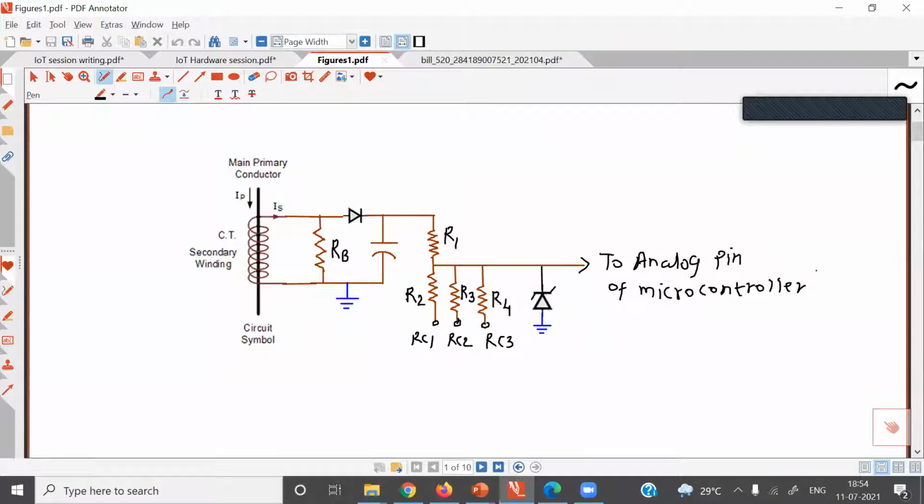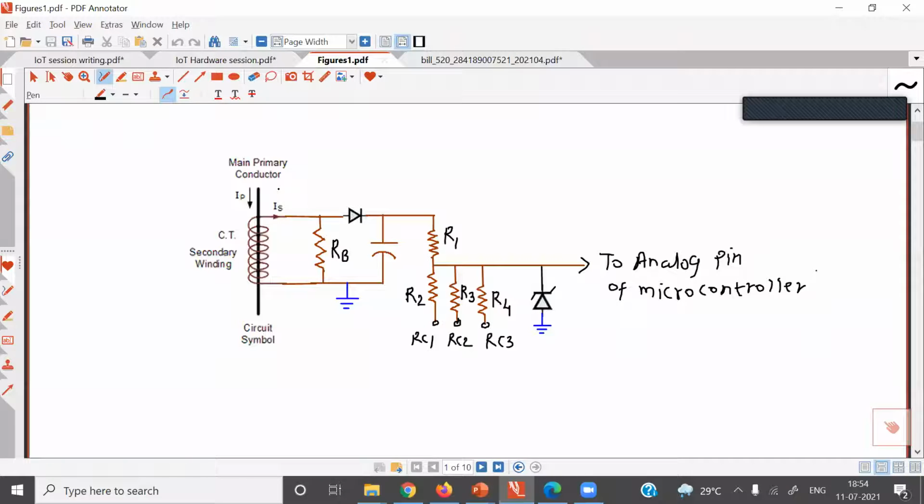This conductor may carry 100 ampere, 200 ampere, 300 ampere AC current. So this current carrying conductor is passed through the CT and it induces voltage across the CT coil according to magnitude of current on this conductor. We require here burden resistor. I have not specifically mentioned here value of the burden resistor. So it can be few ohms or few kilo ohms.